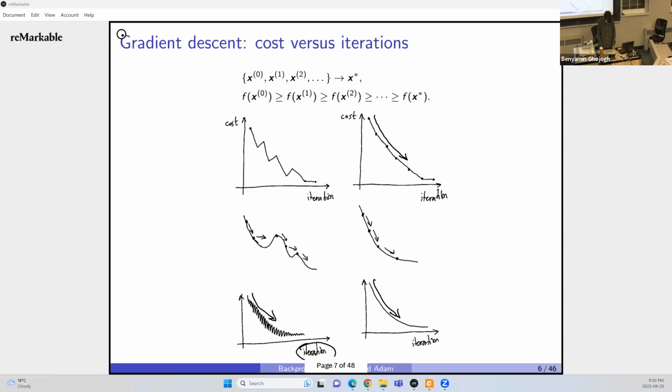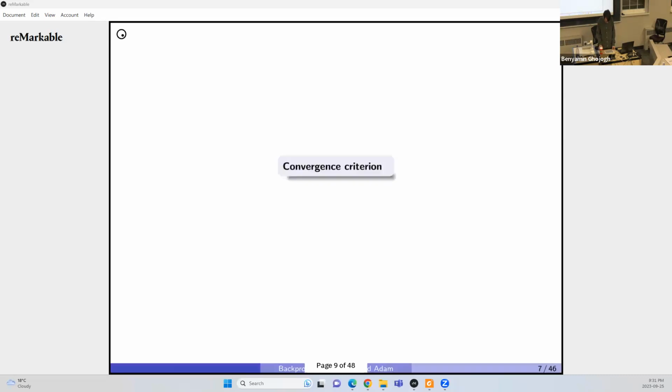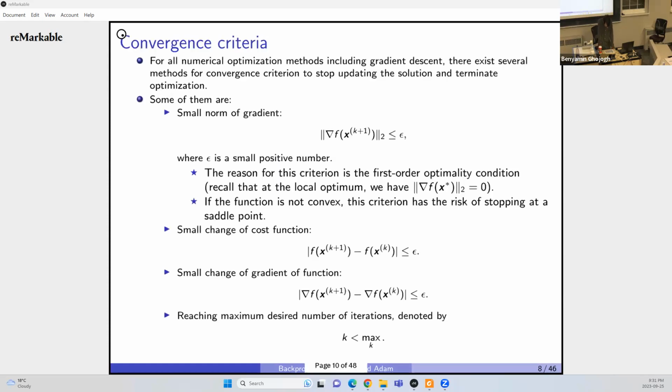Okay, we talked about this. Convergence criteria. For all numerical optimization methods, including gradient descent, there exist several criteria to stop updating the solution and terminate.